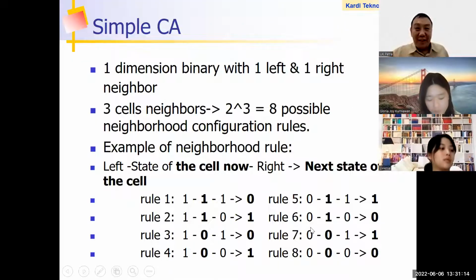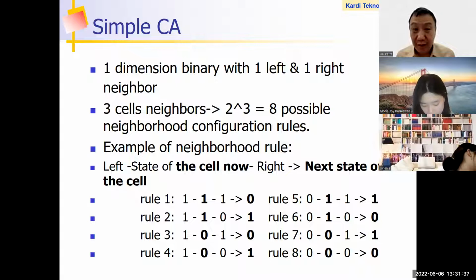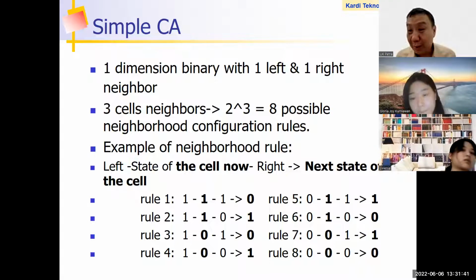Okay, so let's talk about a very simple one. Very simple CA: one dimension, binary, with one left and one right neighbor. What will happen if each cell is only binary, meaning only two values, either 0 or 1? Because you have three cells, the possible patterns are 2 exponent 3, which is 8.